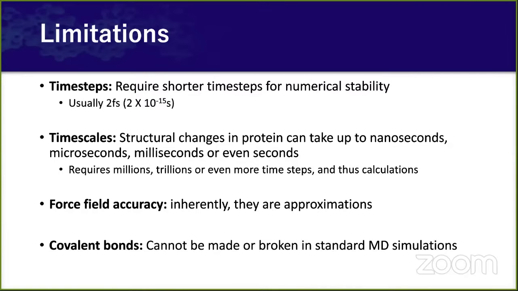Second, the next thing is the force field accuracy. The different forces and everything that comes up is dependent on the correct calculation of the force field parameters. So the force field that you're choosing has to be accurate. And force fields themselves are knowledge-based data sets, and they come from some approximation.